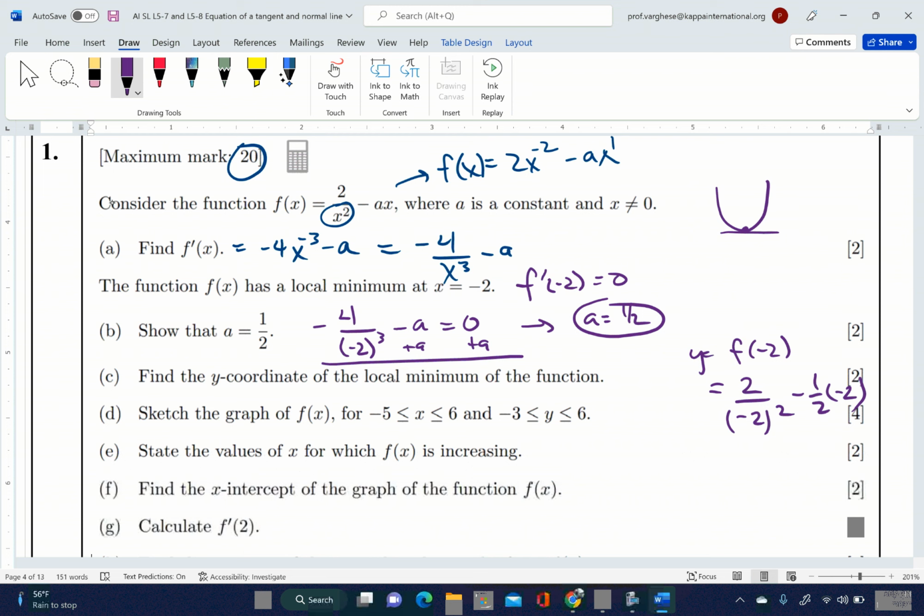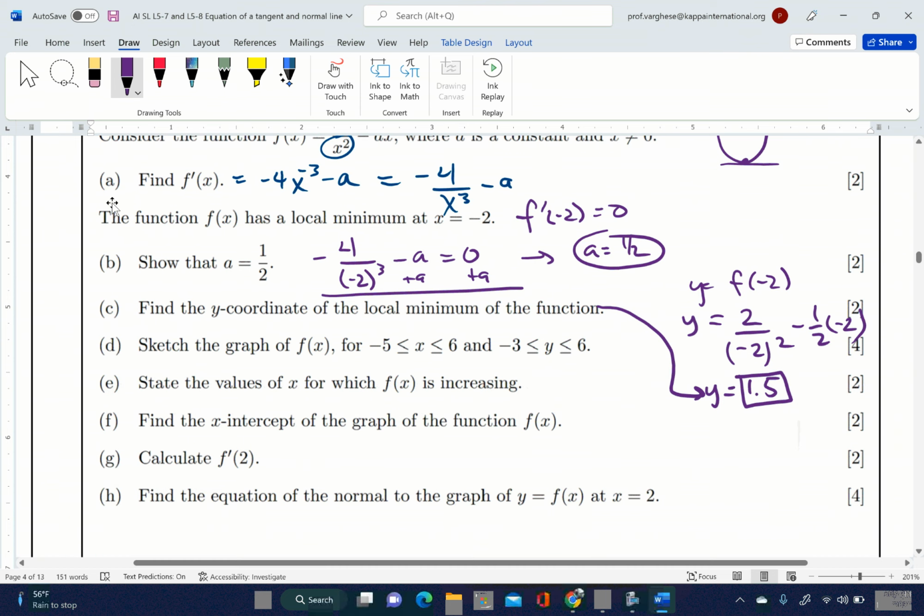So take this whole thing, plug it into the calculator, and you're going to get y is equal to 1.5. You could have 3/2 as well, but this right here is going to be our answer for C. That's our y coordinate.